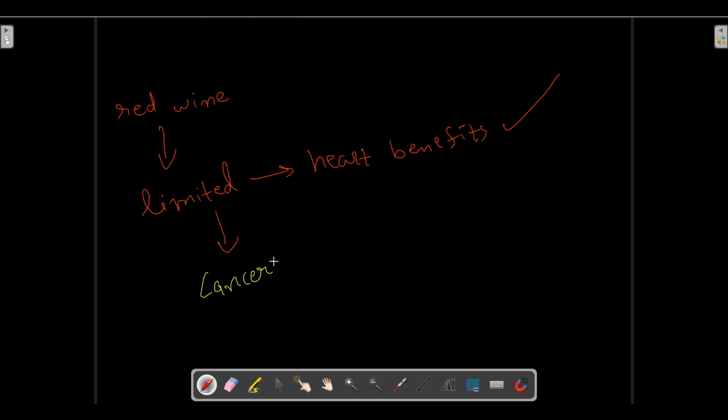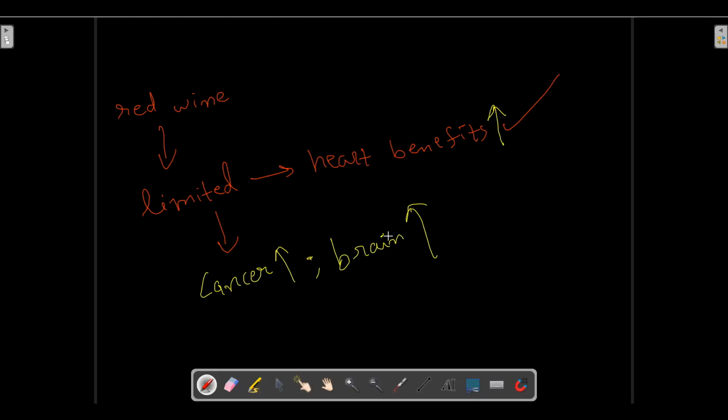The risk of cancer increases, although the heart benefits are there indeed. Then brain hemorrhage risk increases, brain cancer risk increases.